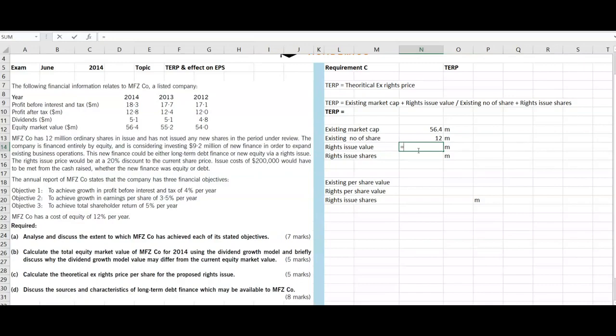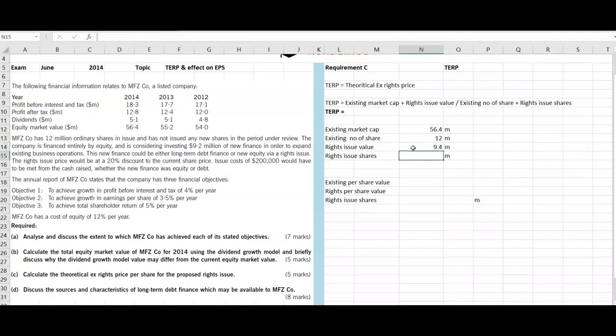So the company has to raise 9.2 million plus 2 lakhs. We have to convert the 2 lakhs into millions, and that gives us 0.2 million. So we have to raise 9.4 million.